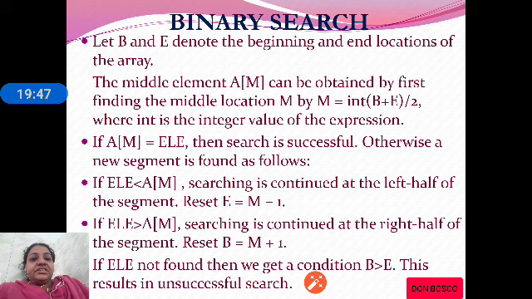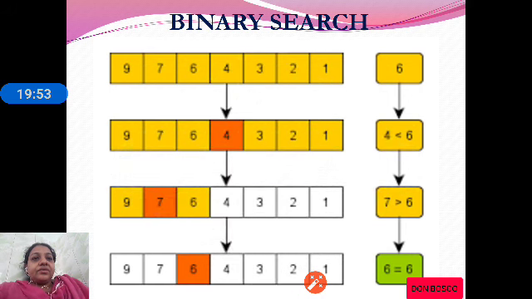So let us see this example. We want to search for 6. First we take the middle position, that is 4. 6 is compared with 4. As 6 is not equal to 4, we compare whether 6 is less than 4. It is false.